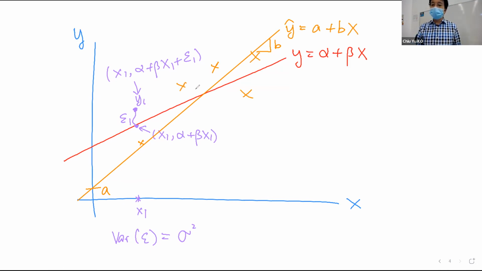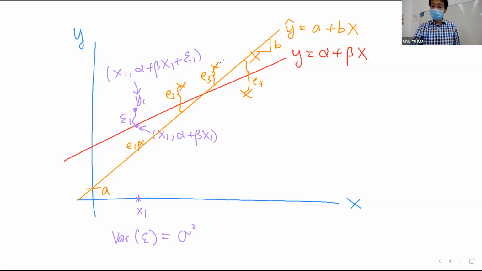And how do you estimate sigma? You subtract the line from the data points, and that becomes E. There is a bunch of E's: E1, E2, E3, E4, and so on.